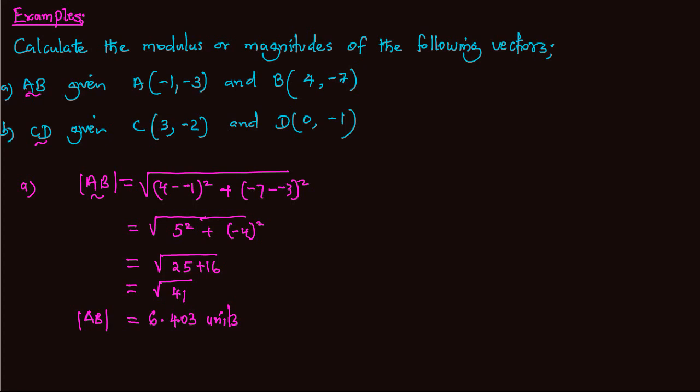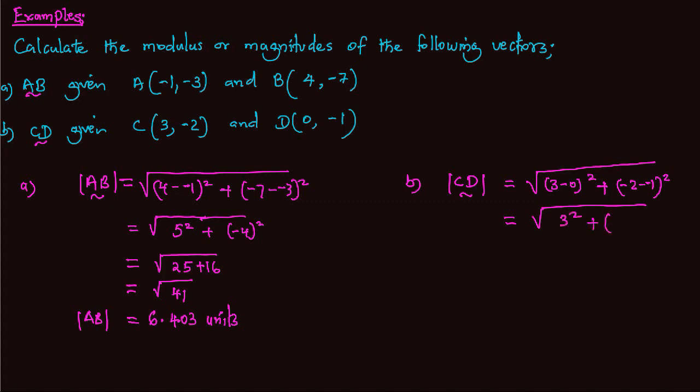So that is for part A. For part B, the modulus of vector CD is equal to the square root of (3 minus 0) squared plus (-2 minus -1) squared. This is equal to the square root of 3 squared plus -1 squared.